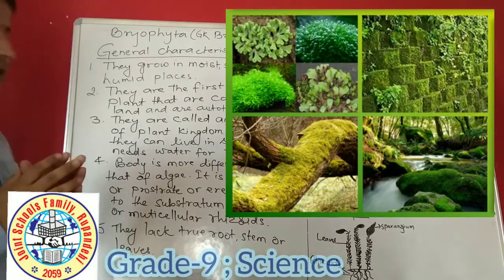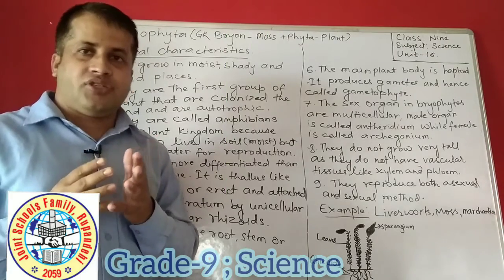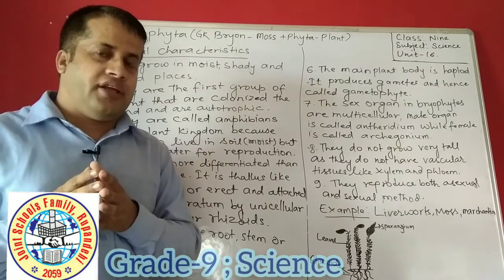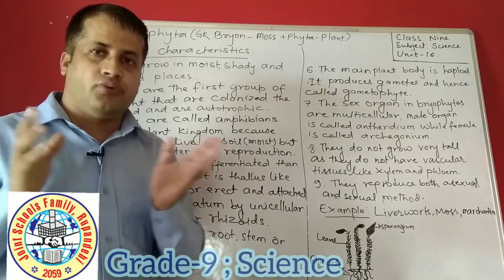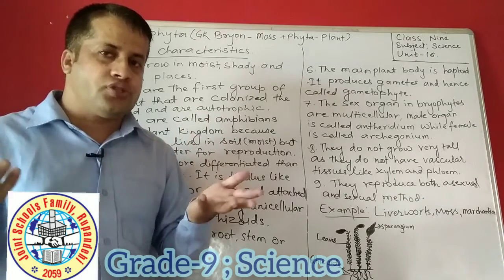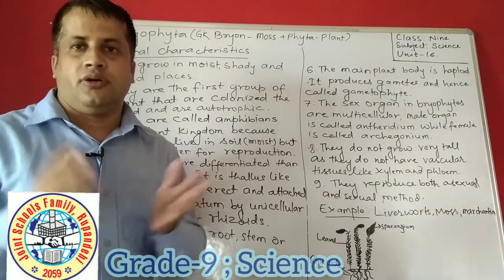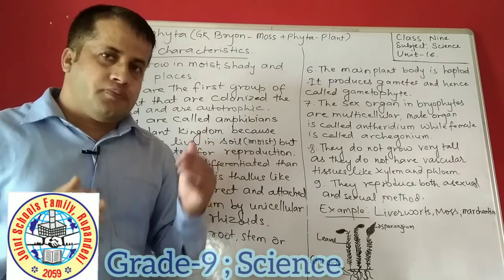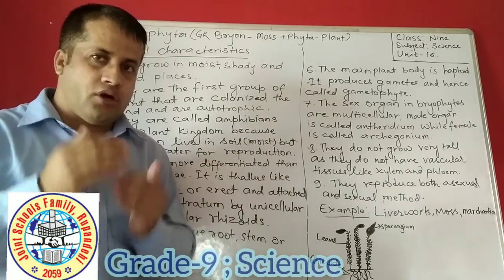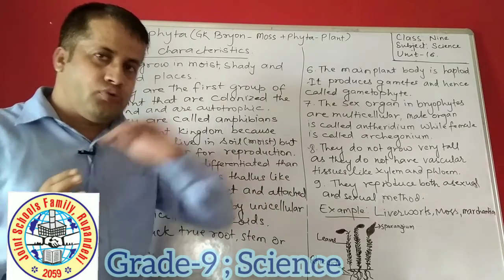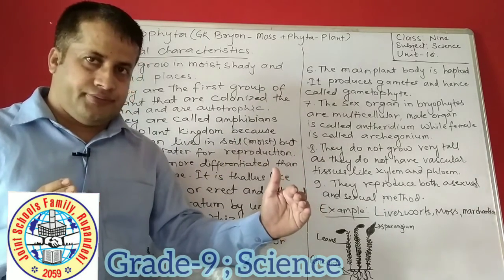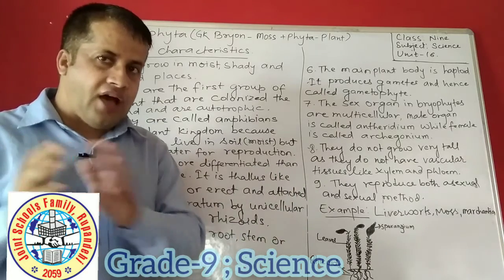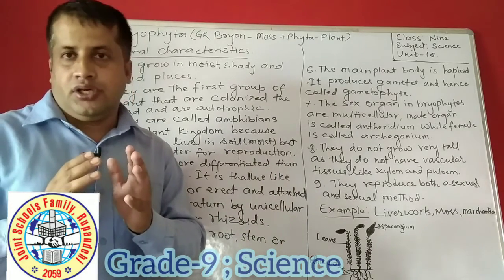In the last class we studied the Thallophyta, or the algae, plants which grow in water and are completely aquatic. Now these plants are more developed and move toward the land, but not far away from water resources.